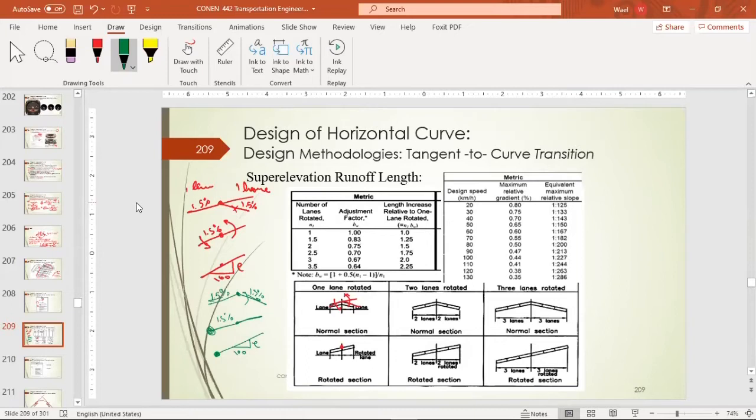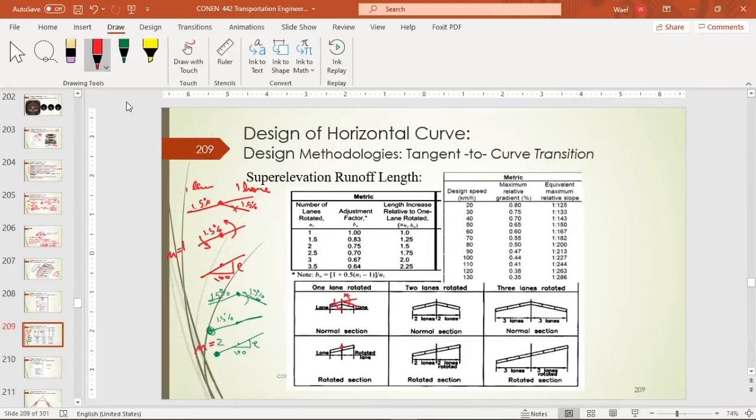In this case, how many lanes do we have rotating? 2. In the initial case here, they rotated around the pivot point in the center. We have only 1 lane rotation. So here N equals 1, here N equals 2, because we are rotating around the edge.